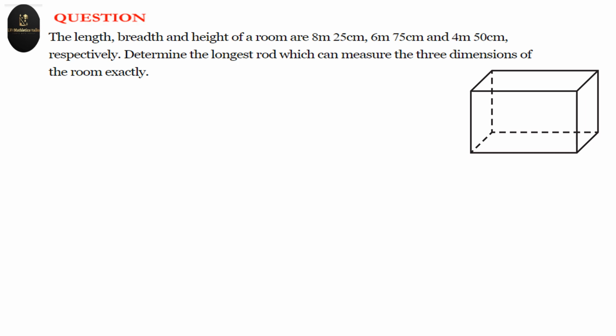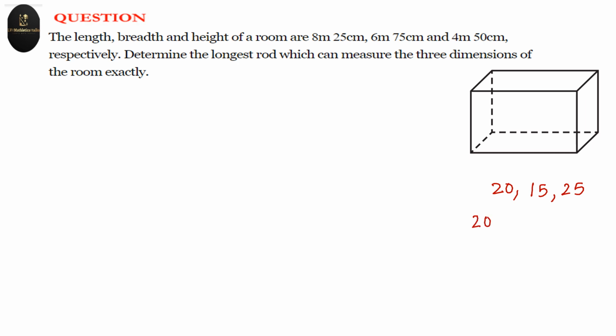For easier understanding, I'm just going to use smaller numbers. Maybe we'll take 20, 15 and 25 as the dimensions of this cuboid, say length, breadth and height. So let us do prime factorization of these three numbers to find the HCF.